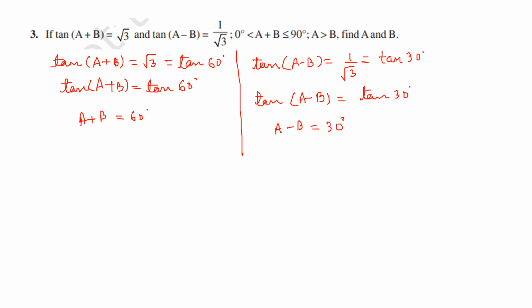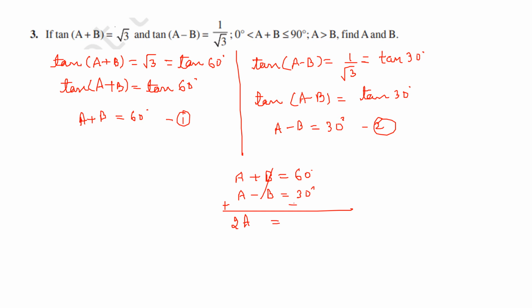Now from the first and second I am going to solve to get the values of A and B. So let's add both, A plus B equal to 60 degree and A minus B equal to 30 degree. I am using the column method to add. So A plus A will become 2A, plus B minus B will become 0, and 60 degree plus 30 degree will become 90 degree.